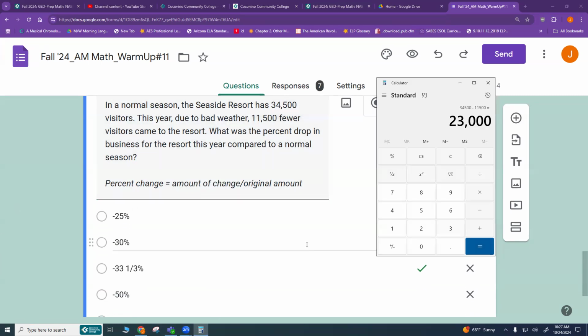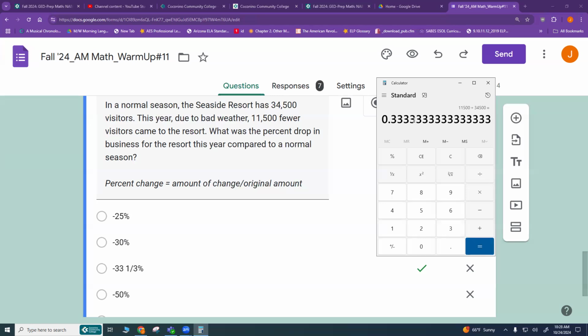Okay. So 11,500 divided by 34,500, which was our original amount, our normal expected amount of visitors. But this year we had 11,500 fewer visitors, and so the percent change is 33.33%.